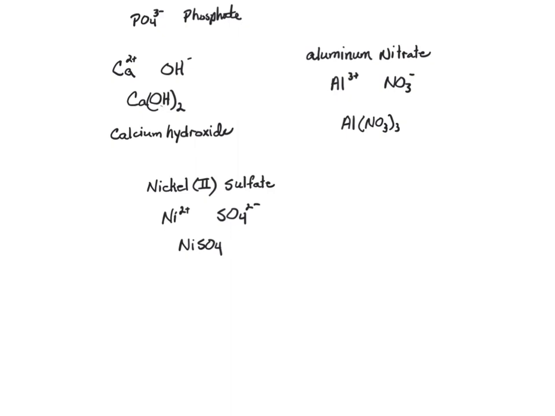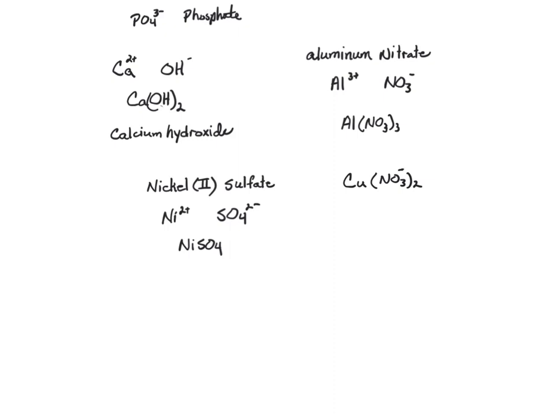Okay, we could also go in the other direction. So if I gave you the chemical formula, let's see, Cu(NO3)2, you would need to be able to come up with a name for this. Okay, so we have copper and we have nitrate. And we need to know what the charge on copper is because it's one of the transition metals. Well, we know that nitrate is -1.